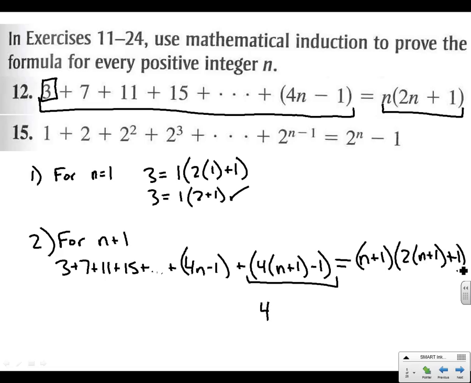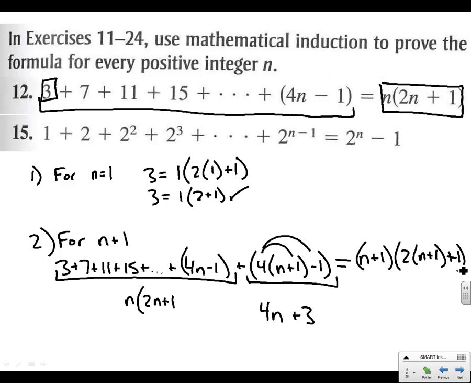This is 4n plus 4 minus 1, which is 4n plus 3. I'm going to drop this whole part right here and substitute in the original. Originally, the left side was equal to n times 2n plus 1, so it's still going to be equal to n times 2n plus 1 plus 4n plus 3. All right, so this part that I'm putting a rectangle around turned into this, and then this part here cleaned up into this.